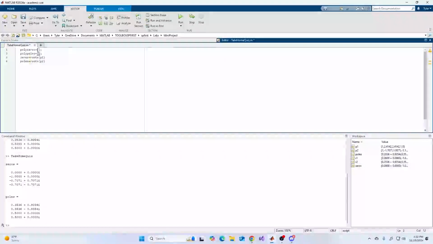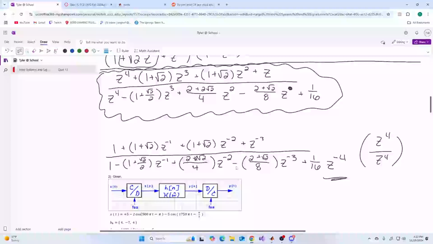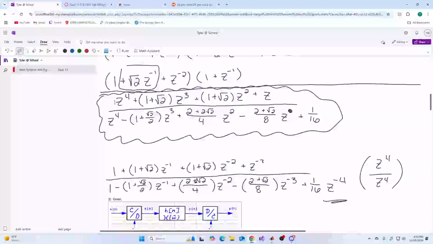So my poly zeros, what I need to do is take these coefficients up front and put them into my matrices. So I'm going to have a 1 plus root 2, 1 plus root 2, 1, and I'm going to include that 0 as well, because to the power 4, there should be 5 coefficients, like there are down here.